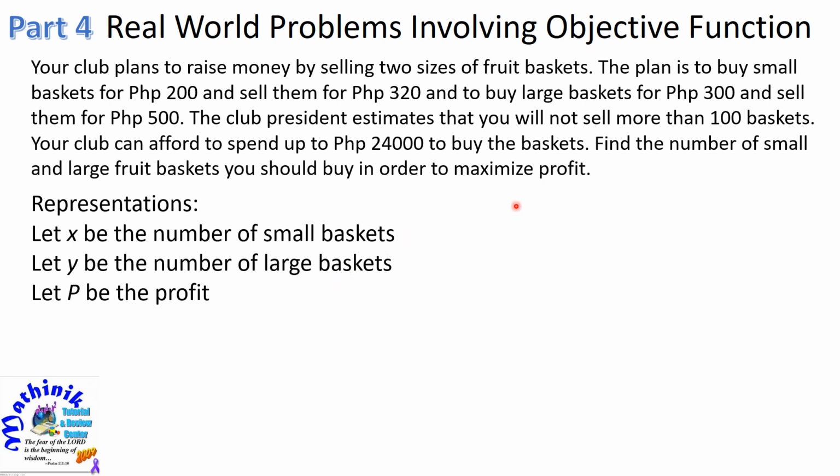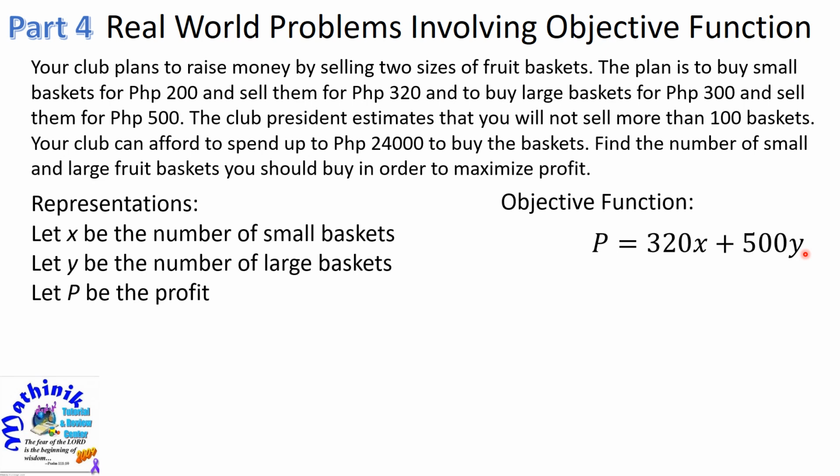And then our objective is to find the maximum profit, so we represent the profit as P. So if we're going to formulate our objective function, that will be P is equal to 320X plus 500Y, because each small basket can be sold for 320 pesos according to the problem. Each large basket can be sold for 500 pesos.